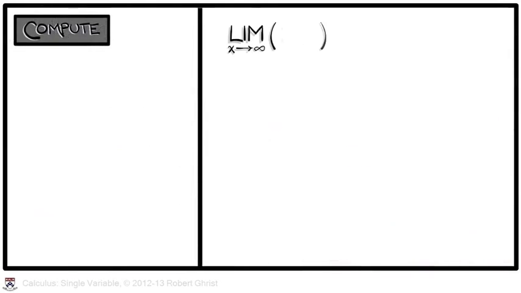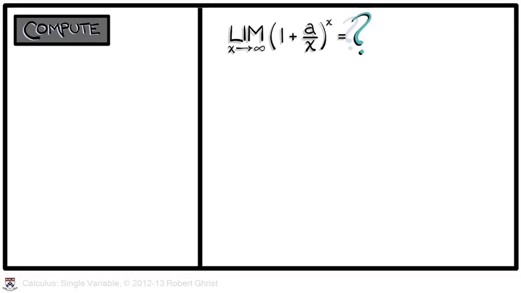Let's do an example involving a limit. Compute the limit as x goes to infinity of the quantity 1 plus a over x, to the x power. Here, a is a constant.